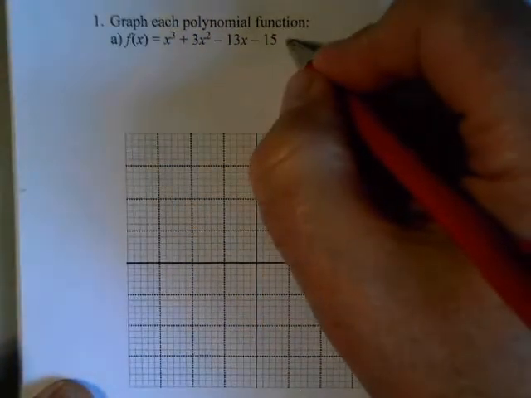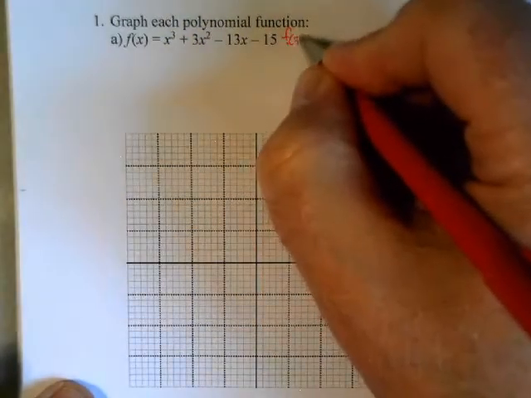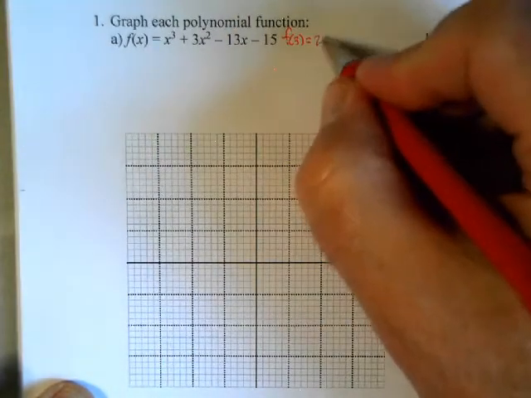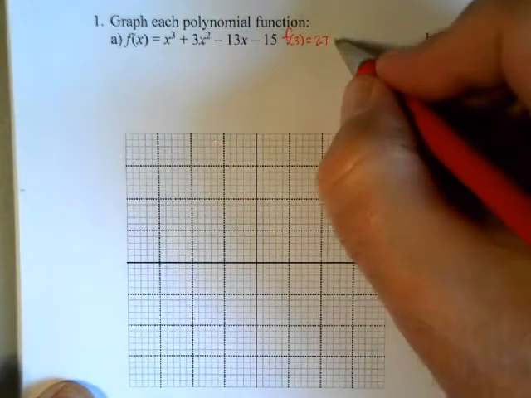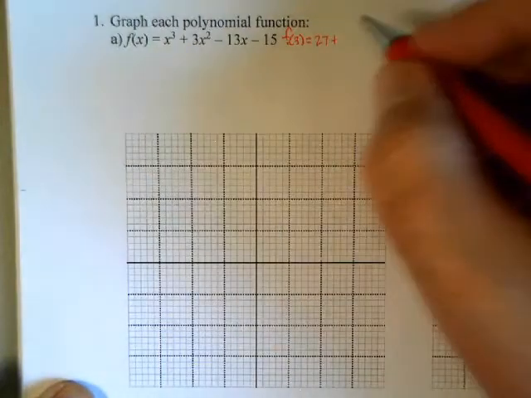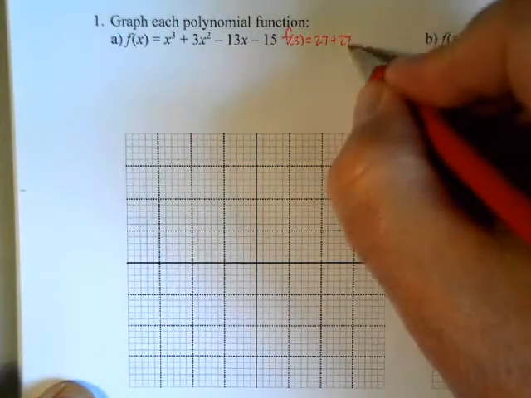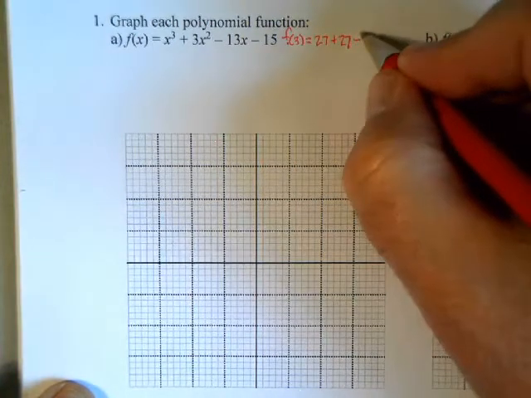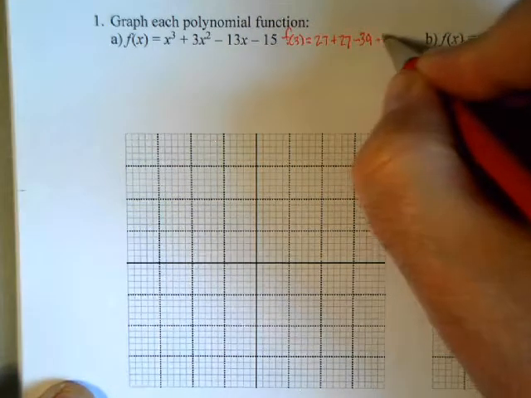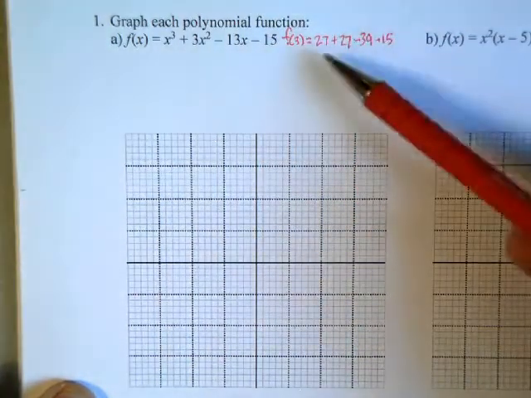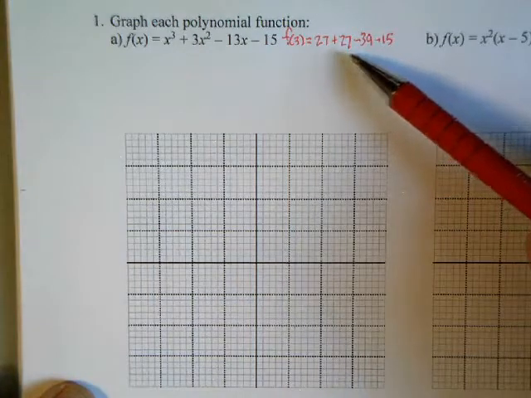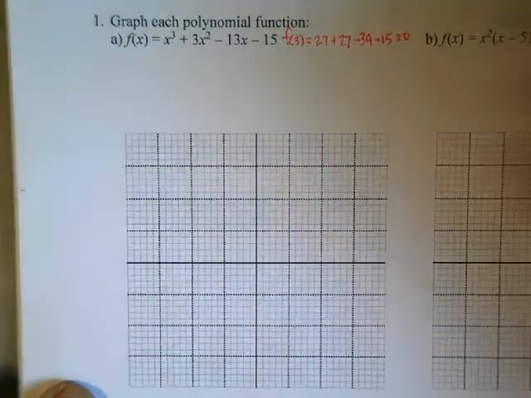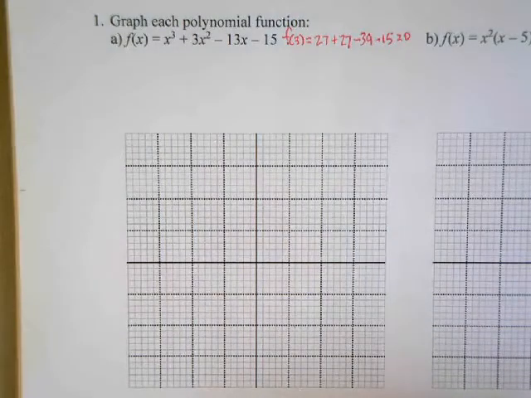So here, plugging in 3, let's just do it up here. If we did f of 3, we would get 3 cubed, which is 27, plus 3 times 9, which is again 27, and then subtract 13 times 3, which would be subtract 39, and then subtract 15. So 27 and 27 is 54, 39 and 15 is negative 54, and so in fact this does equal 0. So 3 is one of our zeros.